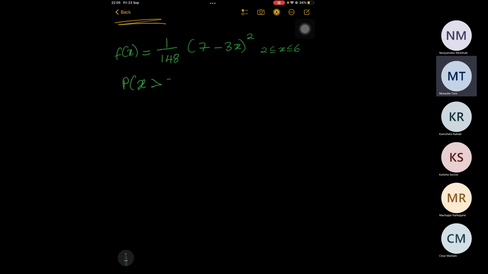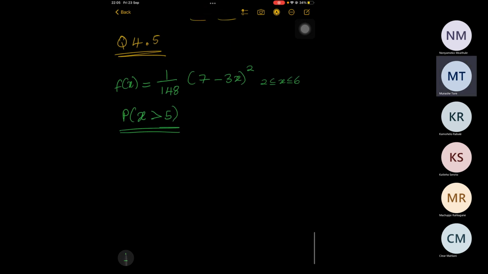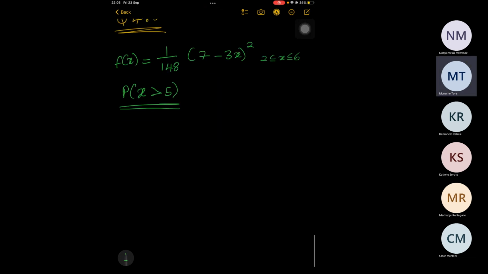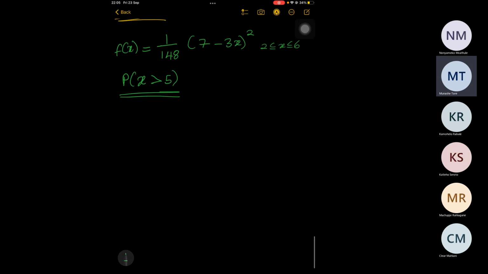So it's x is greater than 5, isn't it? But from what we have been doing since counting methods up until now, we know that the range of x is from 2 to 6, isn't it?